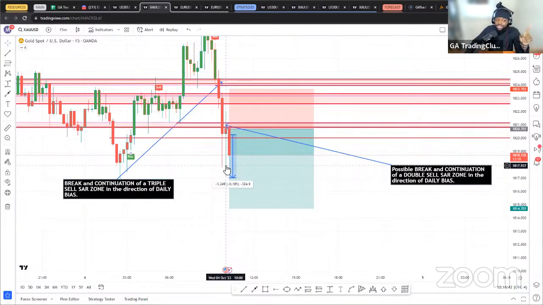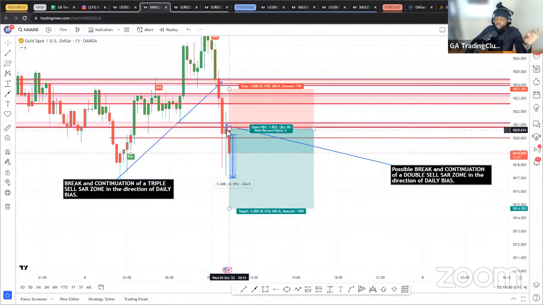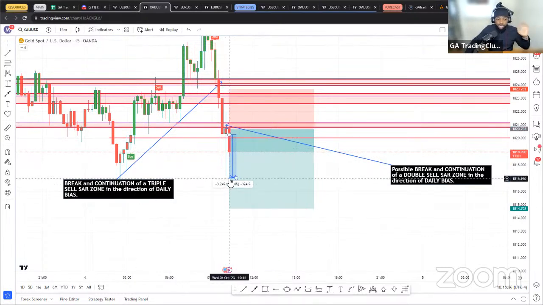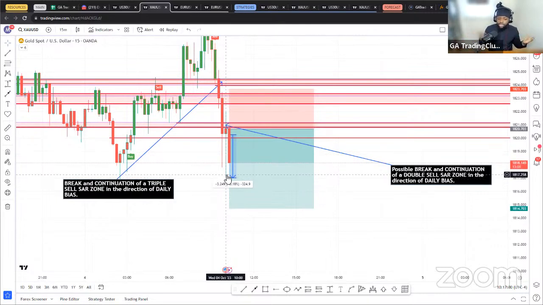And this one, this is what I was hoping and praying for, because this is my ideal entry. I don't have to go down to the 1 minute for this because the SAR gave me the close literally next to the SARs. But then I come here and I have the buys, and let's assume a buy signal printed down here. Then I would be like, okay, SAR is telling me to sell, reversal is telling me to buy. Then I get that analysis.